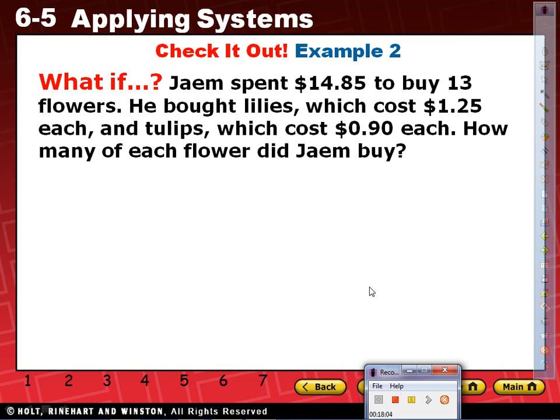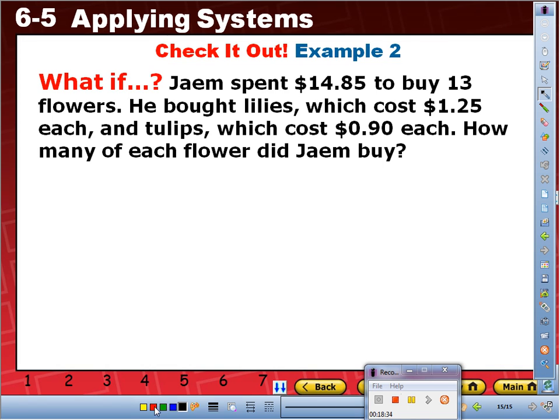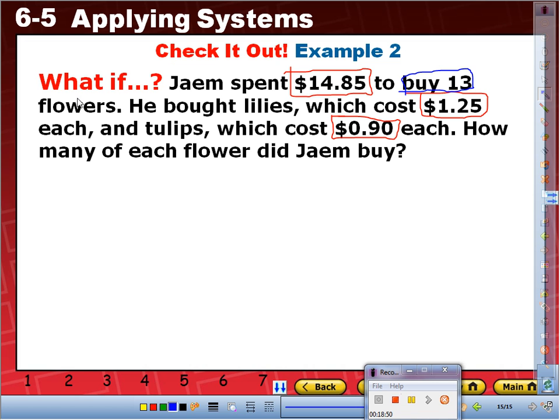So, let's underline information. First things first. They're talking about money, so let's box anything that deals with money. That one, this one, and this one. Okay? Next, I'm going to box or underline anything involved with the items. He's buying 13 flowers. And what kind of items? Lilies and tulips. Okay?